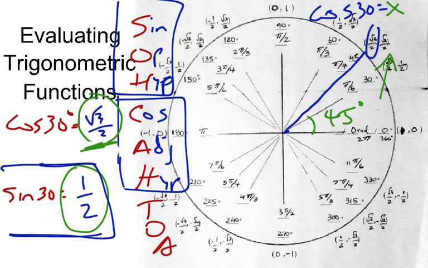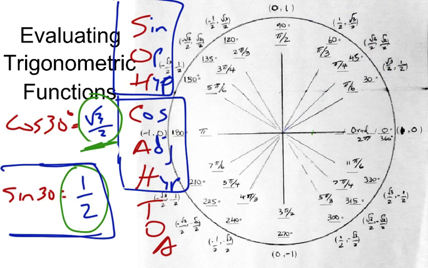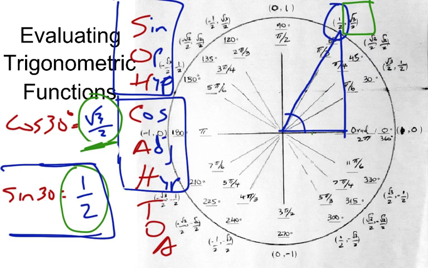Let's do cosine of 60. So I'm going to erase over here. Now, I'm looking at this triangle, cosine of 60. Your cosine is related to the x value, your y is related to your sine. So if I do cosine of 60, then I'm going to look at my x value.